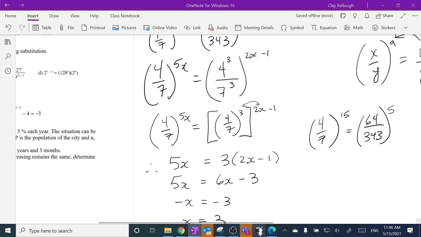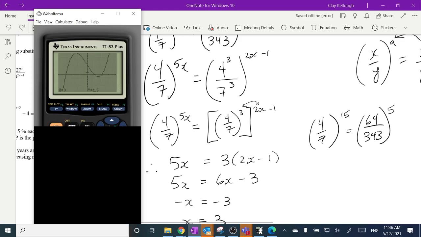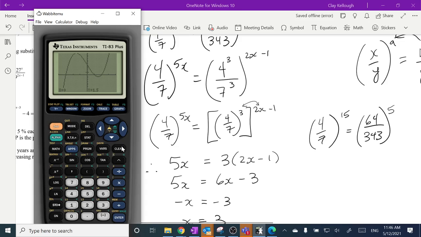So let's see. Let's go clear, clear, clear. Oh, wait, are we even on? Are we on? Clear. There we go. So open a bracket, 4 divided by 7, close bracket, to the power of 15. It's 0.000226, blah, blah, blah.